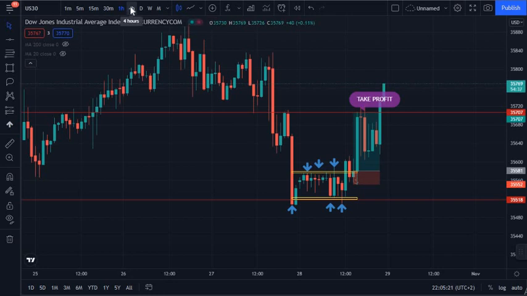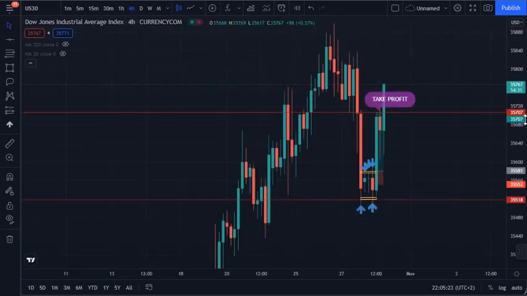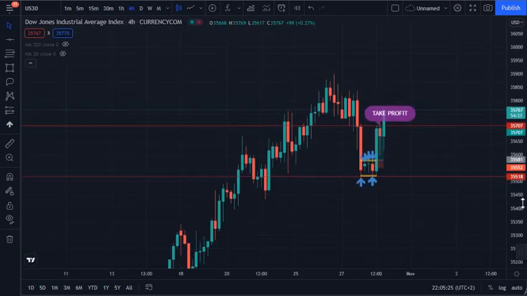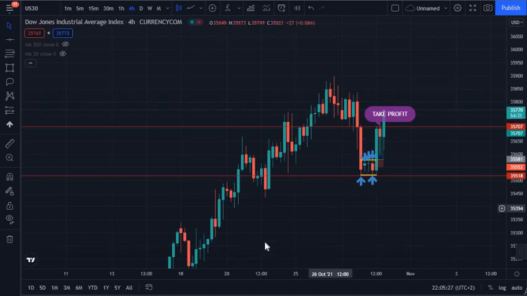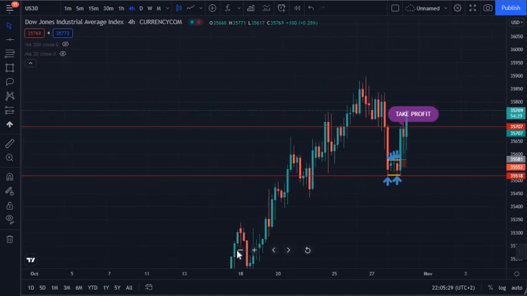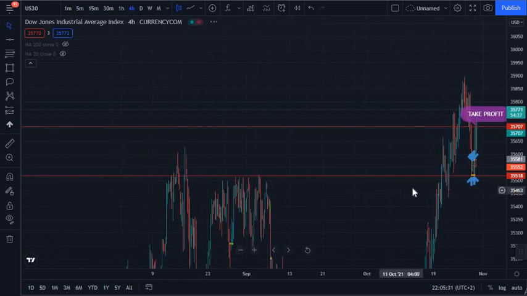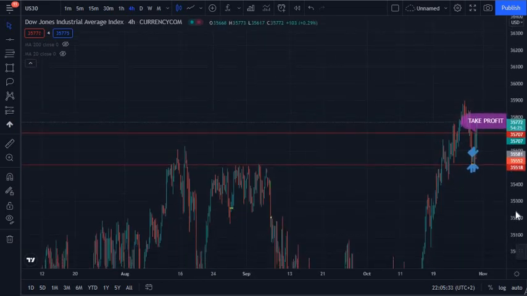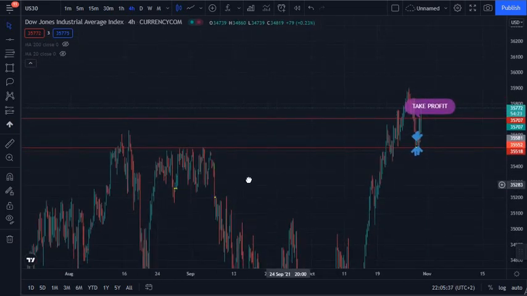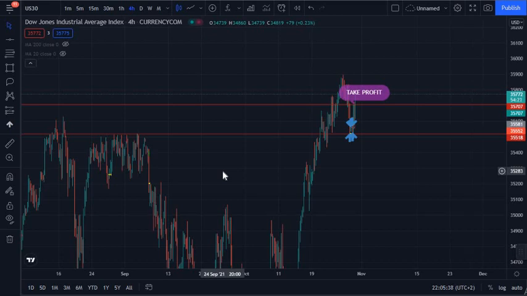Let me tell you how I went about this trade. Zoom out. So what had happened is that I found my support and resistance line over here, which I identified over here, right? So price had broken out and retested the zone, right?